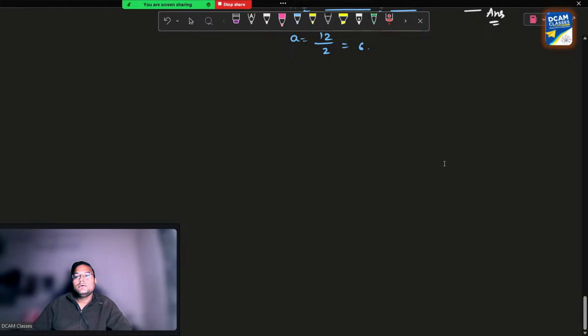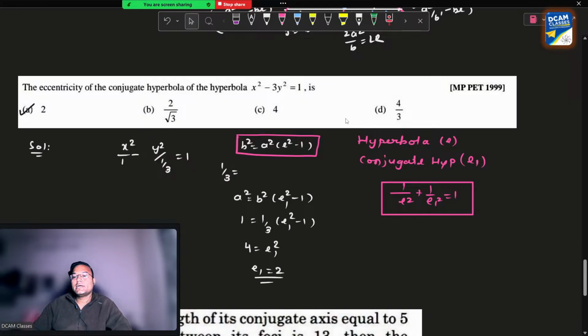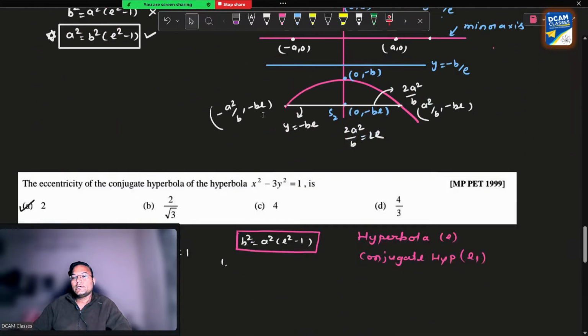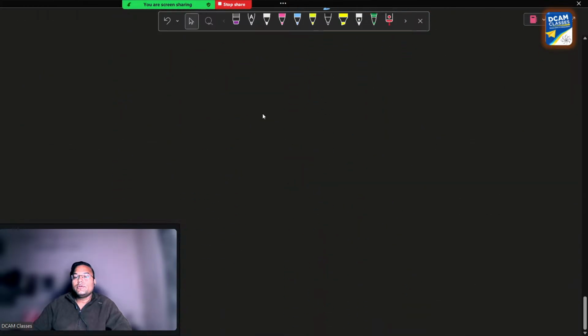Acha. Now, these are the basic kinds of hyperbola and the conjugate hyperbola. Now we are going to discuss the hyperbola whose center is not 0, 0. Center of the hyperbola is alpha, beta.